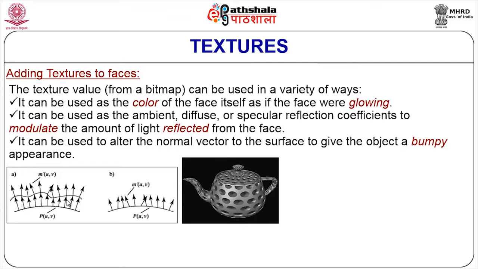When no light is reflected from a point, it appears as if it is a dimple. Otherwise it is a high. So it is a low and it is a high. So we can recreate surfaces which have dimples, like the surface of an orange, by modulating the normal vector using the texture values.